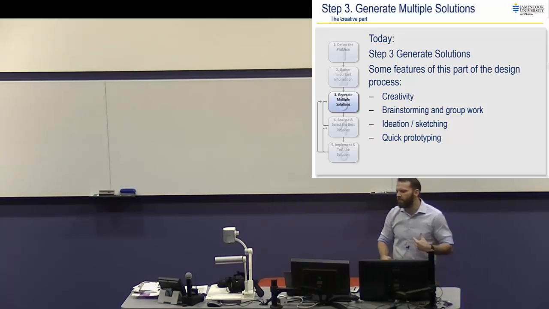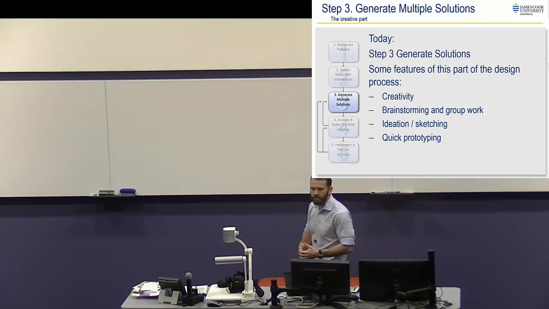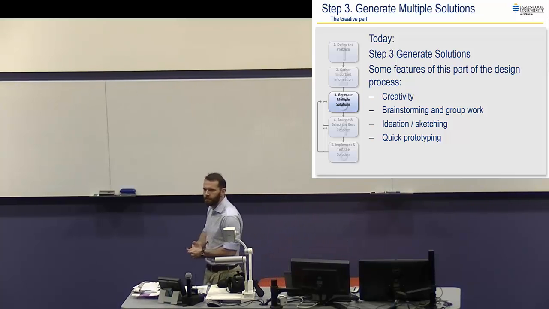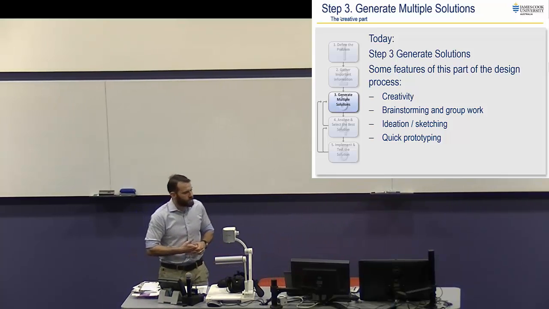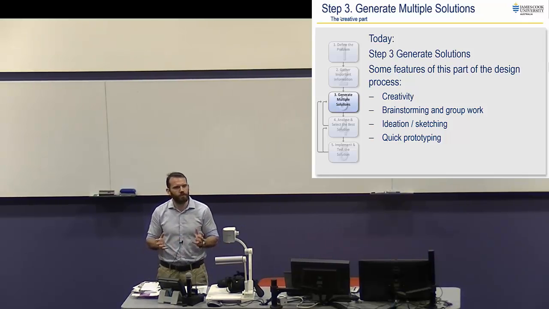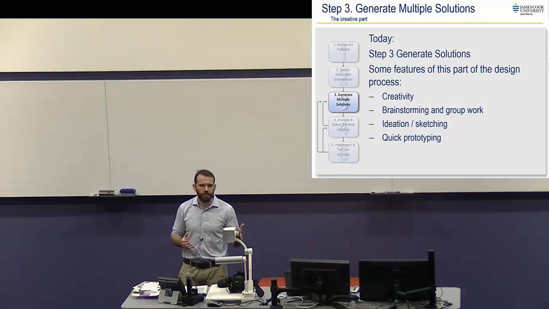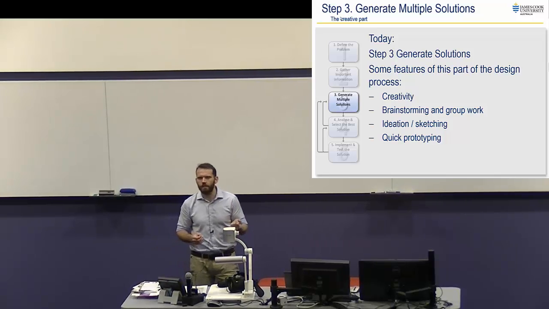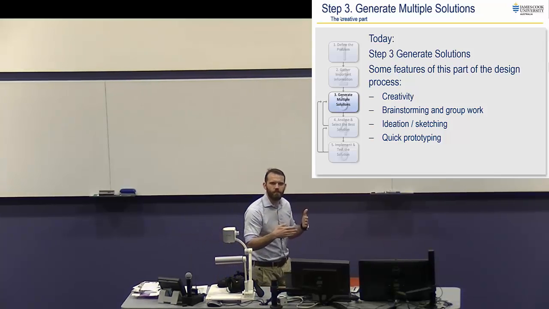There's really a few facets to the generating a solution area, one of which isn't on those 4 points, is you want to generate multiple solutions, okay? It's no good just coming up with one. If you just come up with one solution, then you're going to pigeonhole yourself, all right?